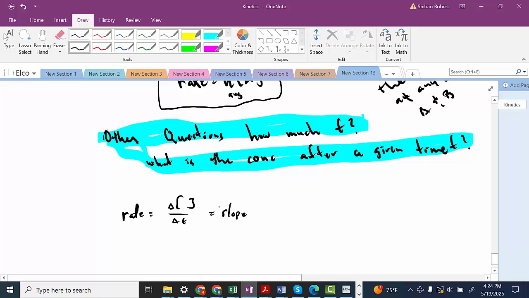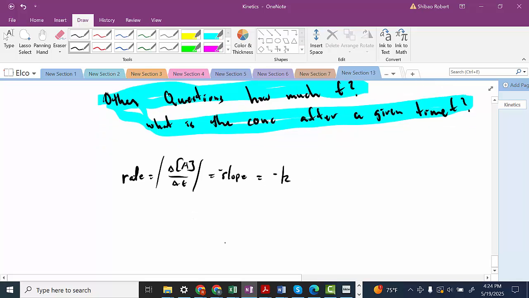Actually, it's negative the slope because we want this to be absolute value here. The slope is going to be negative here if this is a reactant, like for example A or some reactant. And we're just going to call K the slope for that.